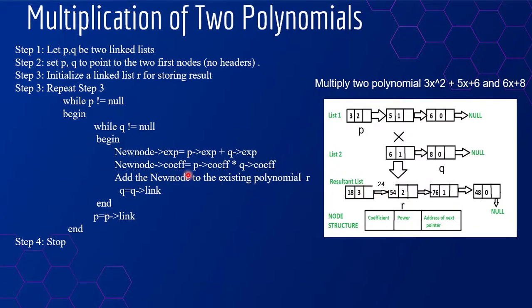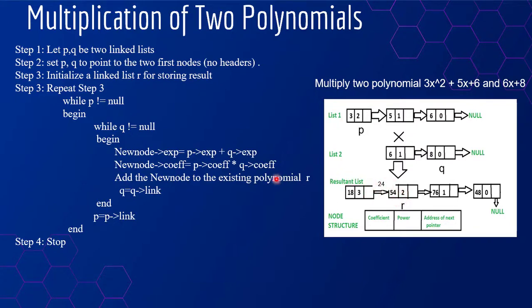And the new node coefficient is nothing but P2 coefficient, which is 3, into Q2 coefficient, which is 8. 3 eights are 24. So 24 will be the coefficient of that result. So this creates a node which contains 24, 2, and it will be added to the previous linked list.